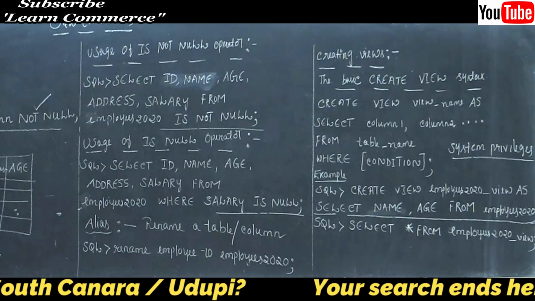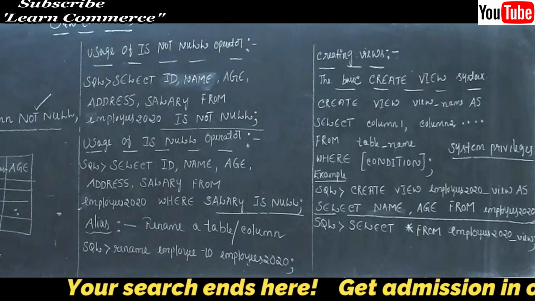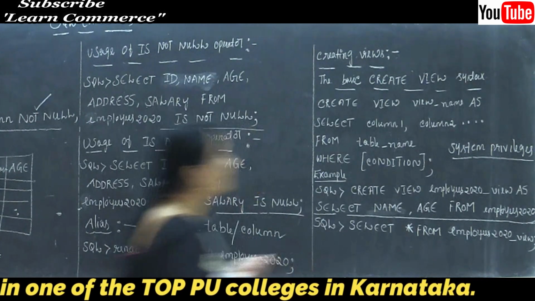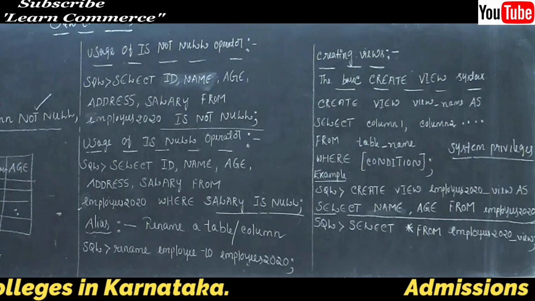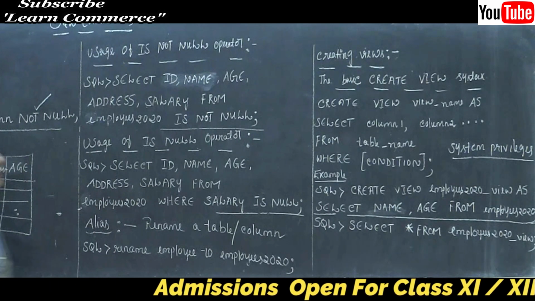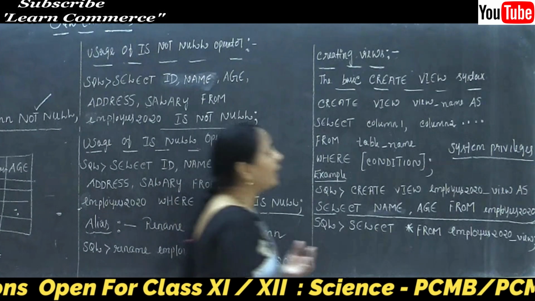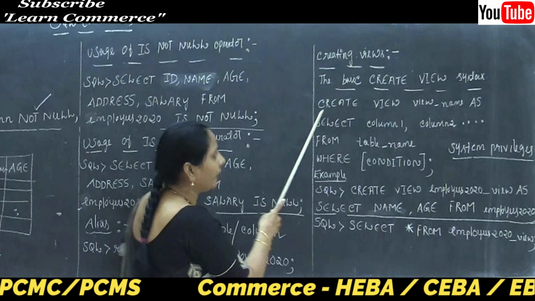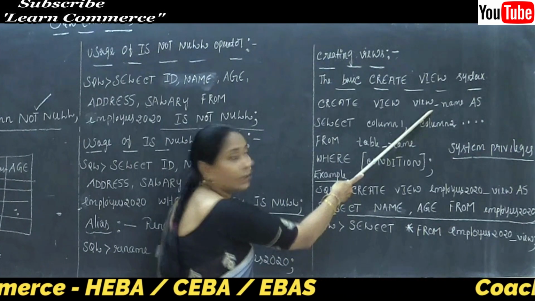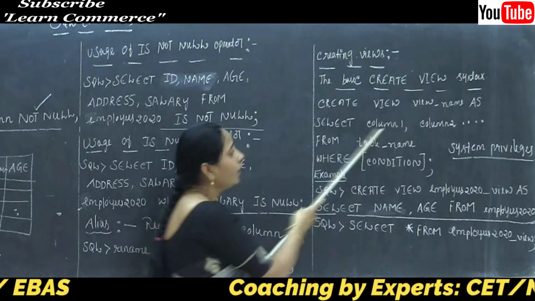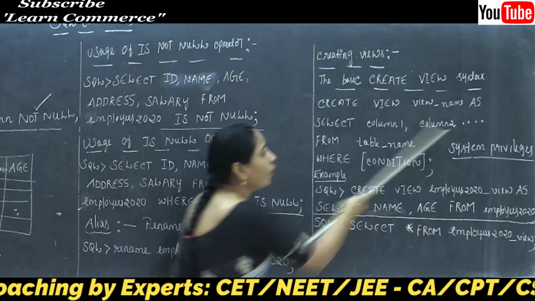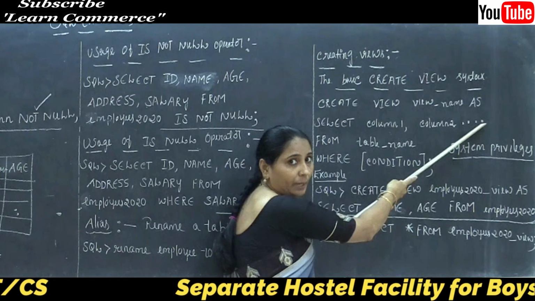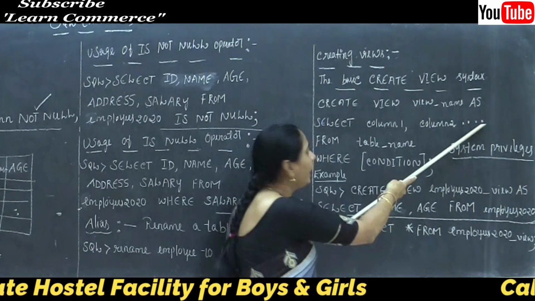And after completing the meaning of create views, that means the view of a table, now let's see the basic syntax of the create view statement. The basic create view syntax is as follows. The first thing is create view view_name as select column1, column2, and if more columns are there that you want to view from the table, you can write them one by one using a comma.